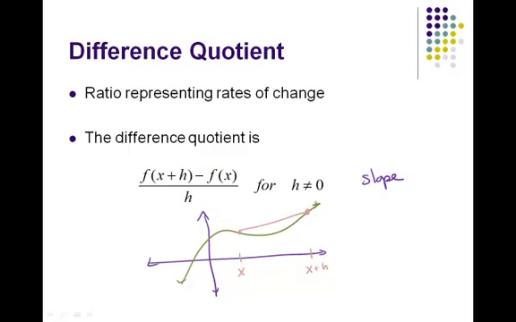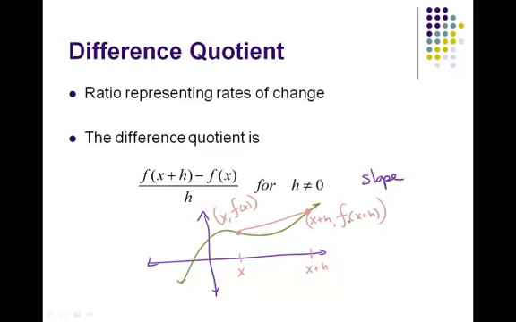In function notation, the ordered pair at the first point would be x, comma, f of x. In function notation, the point here would be x plus h, that's my new x value, and f of x plus h, which would be the corresponding y.